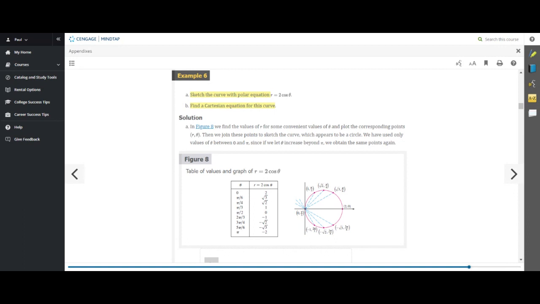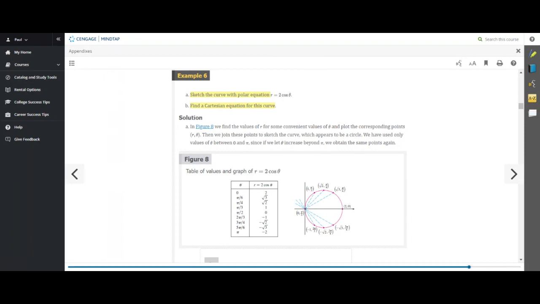In the picture to the right, they plot the coordinates. When theta is 0, the radius is 2 times the cosine of 0, and that's 2. So you look at an angle of 0 degrees and move out a radius of 2, and that gets you the point (2, 0).